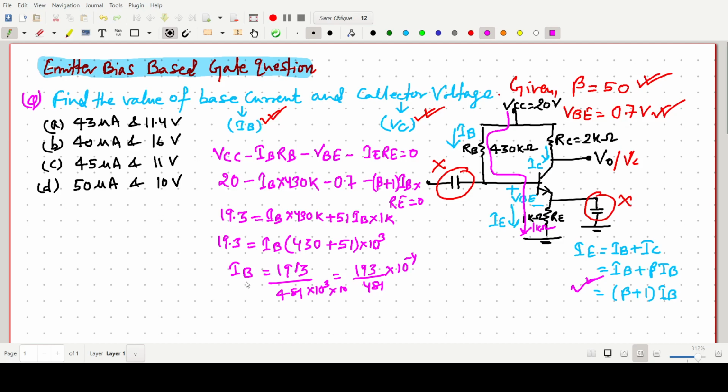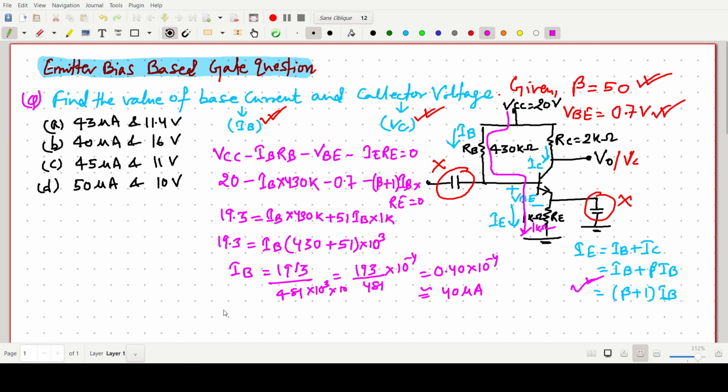Generally, IB is written in microamperes. If we solve, it comes around 0.40 into 10 to the power minus 4, which is nearly 40 microampere. So now we have the value of IB.